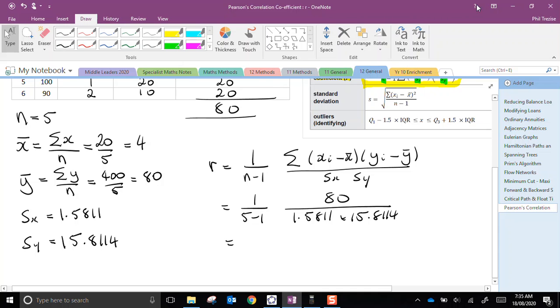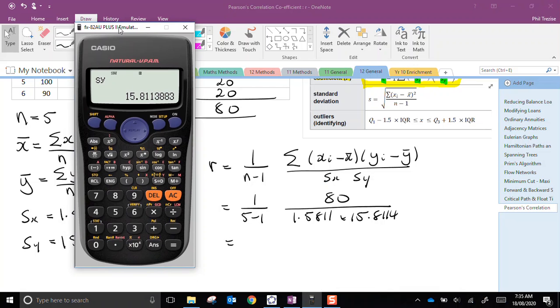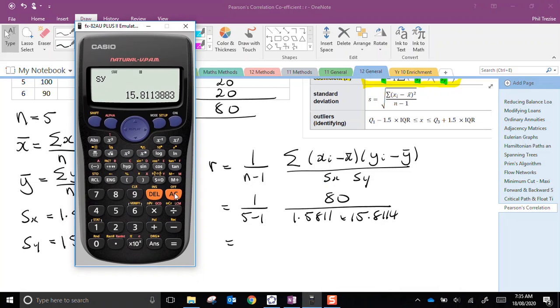So let's get the calculator back and we'll work that out. Now I'm still in stats mode, so things aren't going to look quite the same as normal. If I go 1 over 4 in stats mode, it puts this funny little symbol here for the fraction.